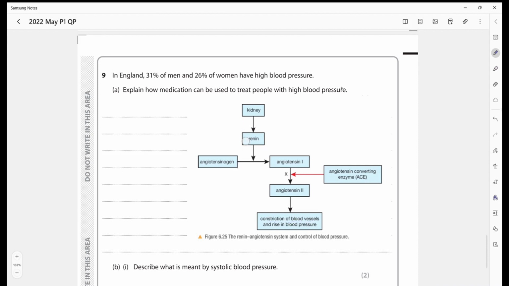So this medication called ACE inhibitors inhibits this enzyme over here. So if you inhibit this enzyme, you would have less of your angiotensin, and therefore you would have less constriction of blood vessels and less of that rise in blood pressure. All right, so let's include that in the answer.